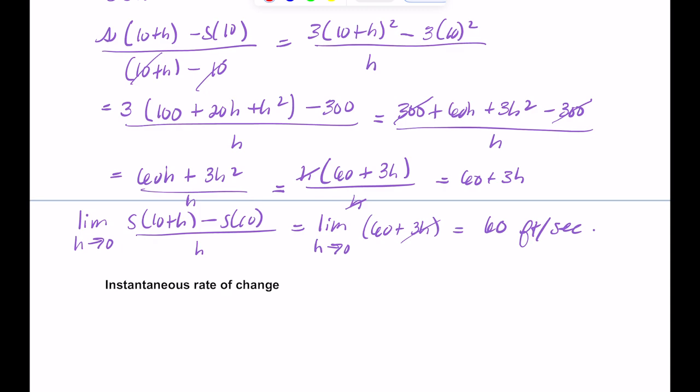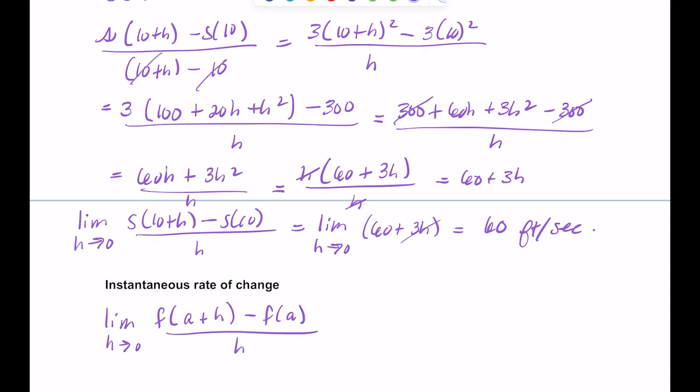So the instantaneous rate of change for a function f when x equals a is the limit as h approaches 0 of f of a plus h minus f of a, over h.